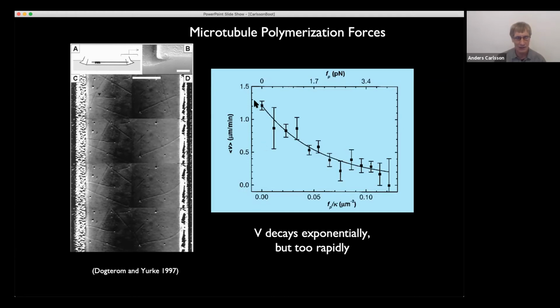And this is the result that, in fact, yes, the velocity does decay exponentially with the opposing force, but it's actually off from the theory by about a factor of 2. The theoretical curve would have gone up here. I guess they were too embarrassed to show that in the paper, but if they had, they would have showed that, yes, we kind of confirmed the theory, but not quite. A very common situation.